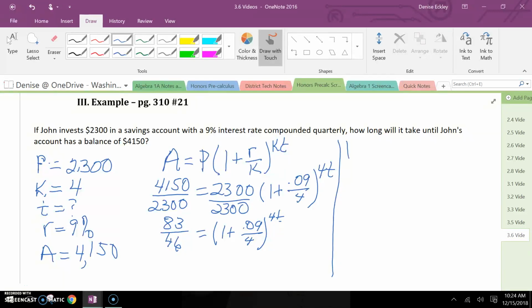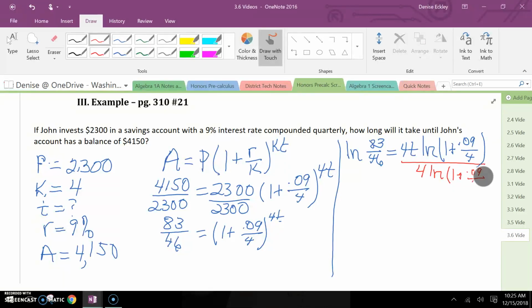So that gives me the natural log of 83 over 46 equals 4t times the natural log of (1 plus 0.09 over 4). So now I'm going to divide both sides by 4 and the natural log of (1 plus 0.09 over 4), and then put that in the calculator.